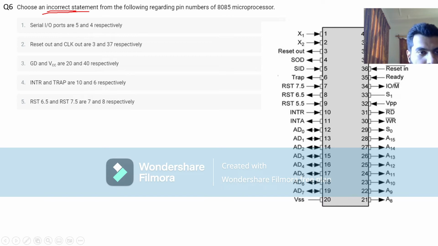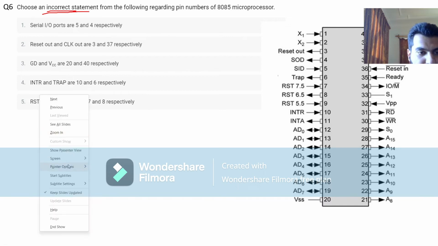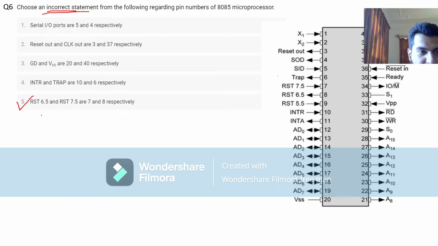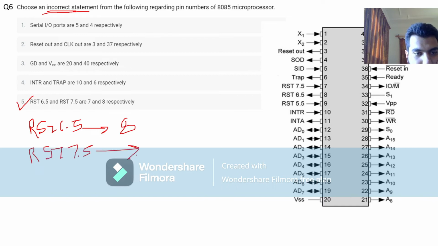RST 6.5 and 7.5 are 7 and 8 respectively, but RST 6.5 is 8 and RST 7.5 is 7. So the order needs to be reversed. So option 5 is the correct answer to this question, as this statement is incorrect.